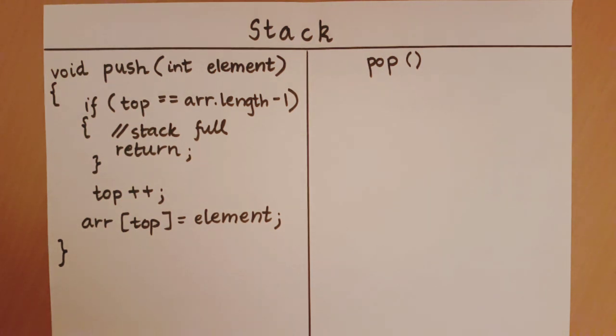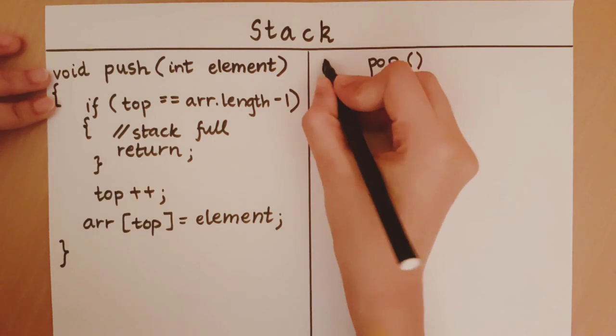So we are going to remove the element from the stack and we are going to give that element back to the user. So the return type of pop is going to be the data type of whatever array we have in our stack. The array in our stack is of integer type. So we are going to return an integer as well.